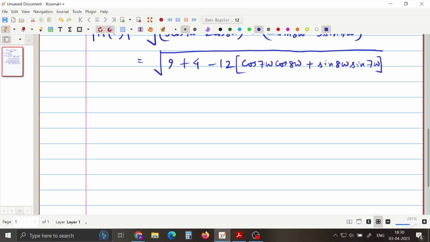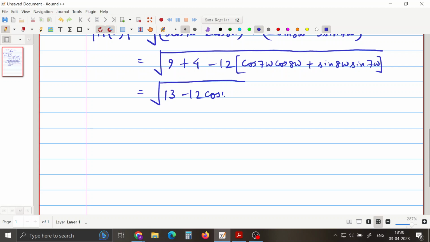Okay, and now what is this? So 9 plus 4 is 13, and minus 12 times, if you see, this is cos a cos b plus sin a sin b, which is nothing but cos of a minus b, right? So this is simply cos of omega.